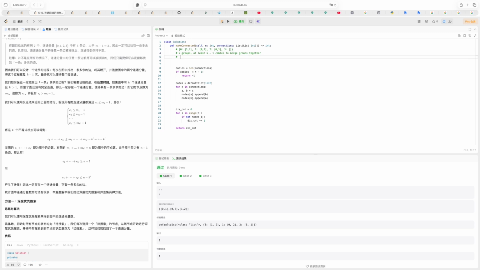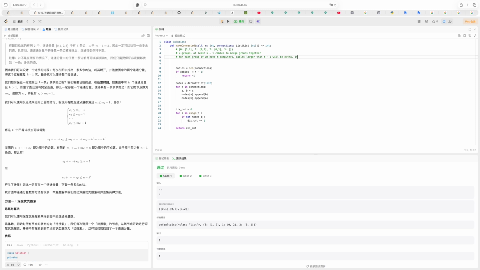And so for each group, the count: if we have m nodes, if we have n computers, then cables larger than m minus 1 will be extra.